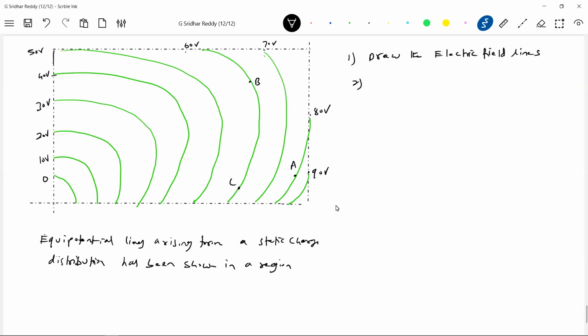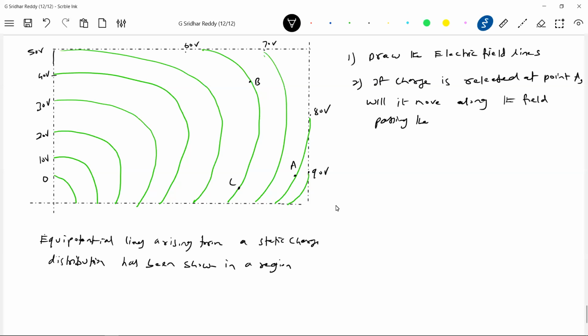If a charge is released at point A, will it move along the field line passing through point A?